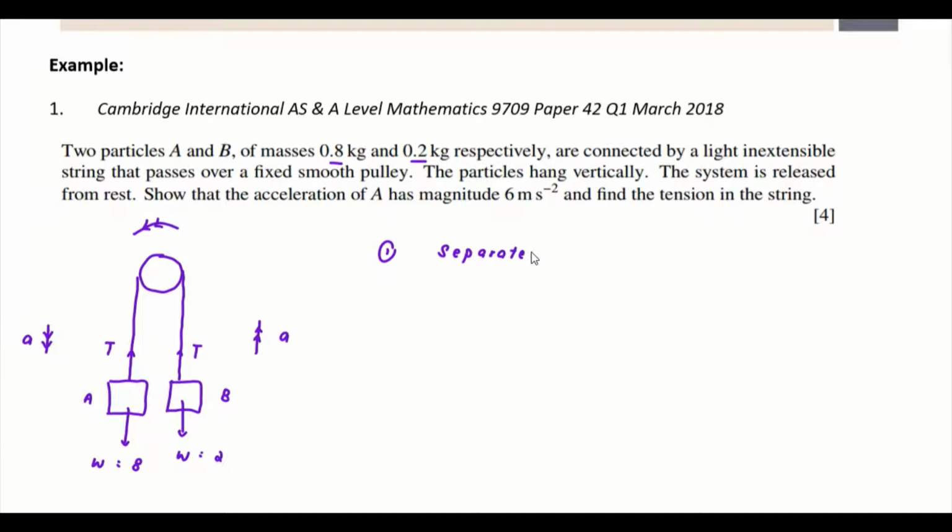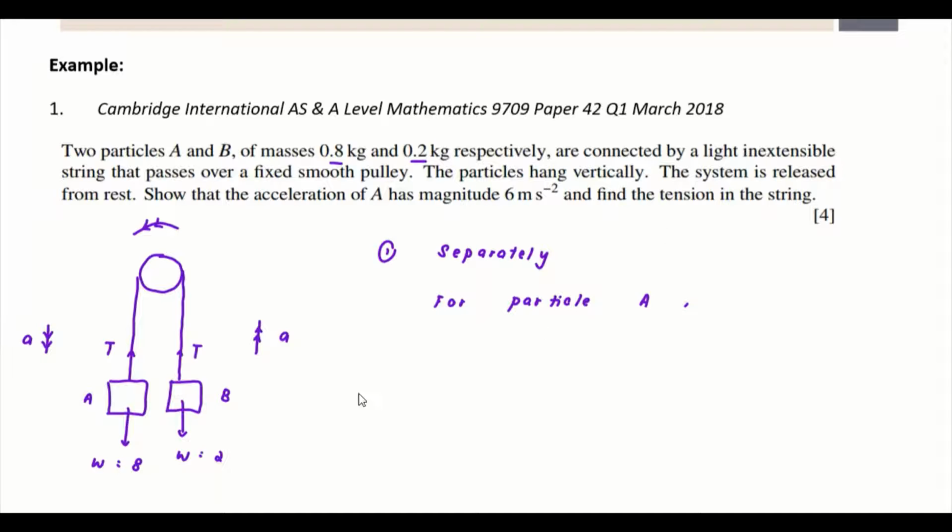Okay, so let's look at particle A. We'll resolve it, but actually we don't do any resolving, that is just by equating the force. You know that the net force is equal to ma, right? This particle is moving downwards, so moving downwards is our positive direction.